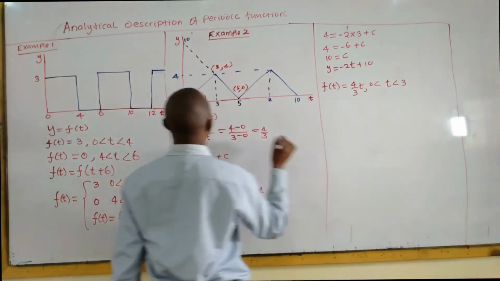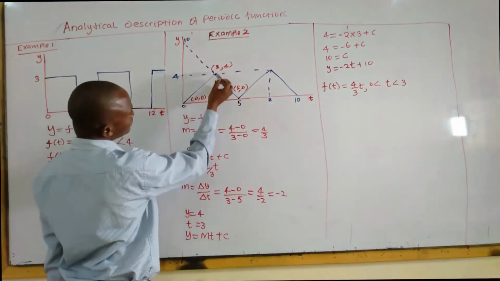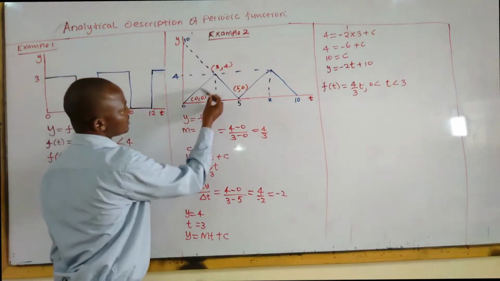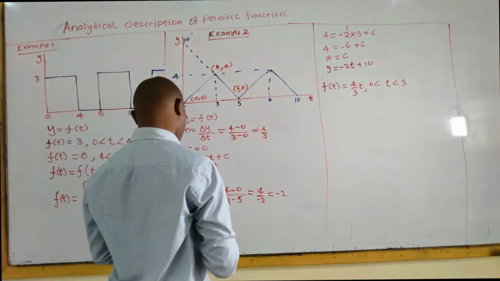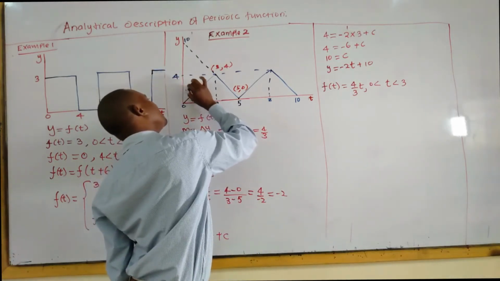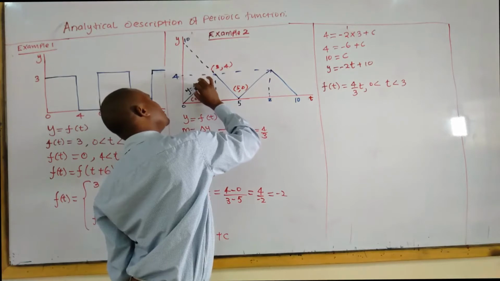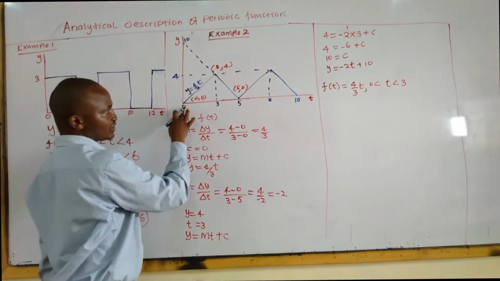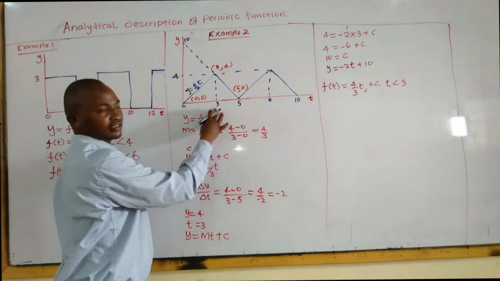That is this line. That's how we can describe it. The first line, y is equal to 4 over 3 t, that is between 0 and 3.